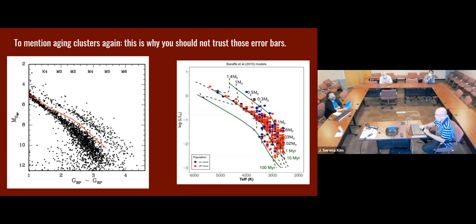But you took this data, which had this nice, beautiful sequence, and then you ballooned it out because of all the errors from your SED fitting and your theoretical spectra. And so you really should not believe these error bars right here on this star, saying that this star is older than 10 mega years.